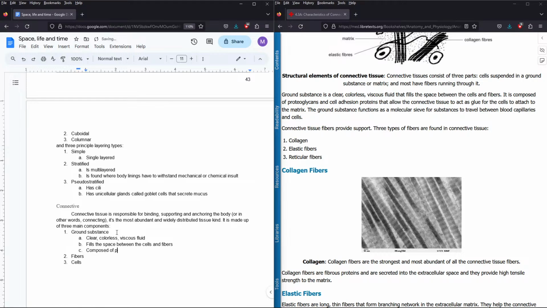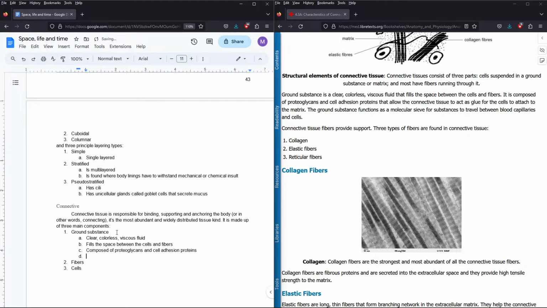Composed of proteoglycans, and that allows the connective tissue to act as glue for the cells to attach to the matrix. So it's a glue. That's what it is.